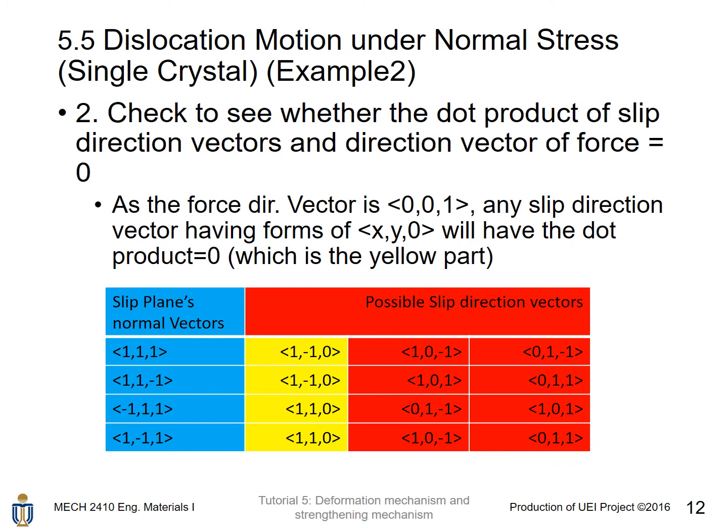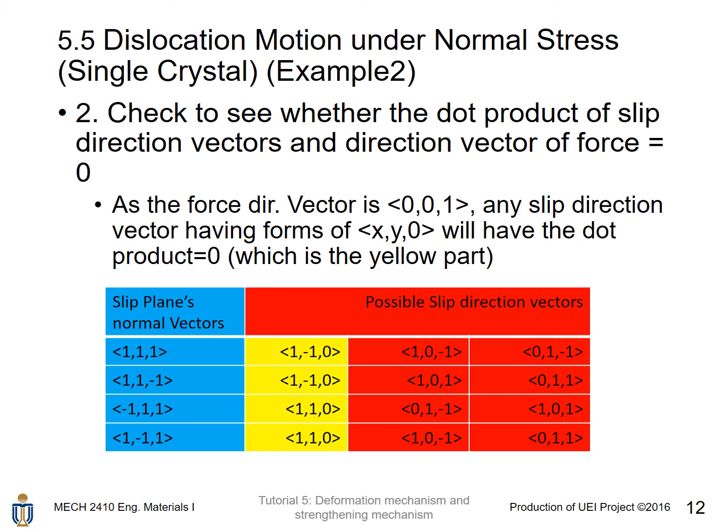Then we need to check whether the dot product of the slip direction vectors and the direction vector of force is equal to 0. If it is true, then again, no matter how much force you apply in that direction, you will not activate the slip system according to Schmid's law, as there is no shear component on that slip plane and slip direction.